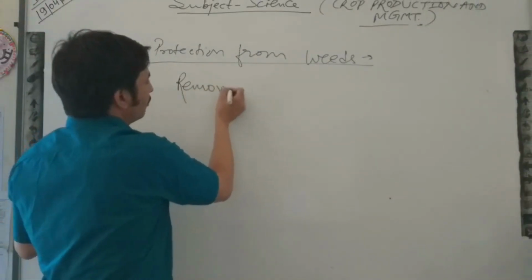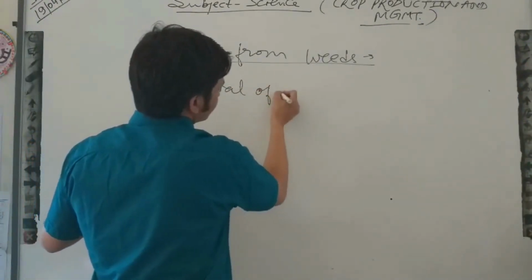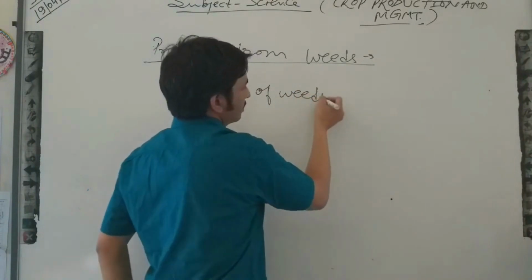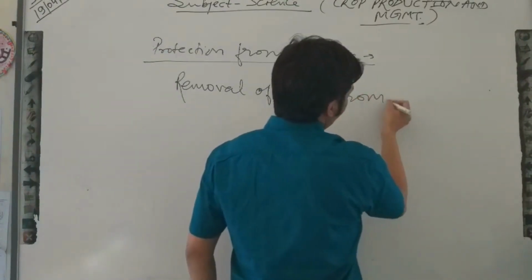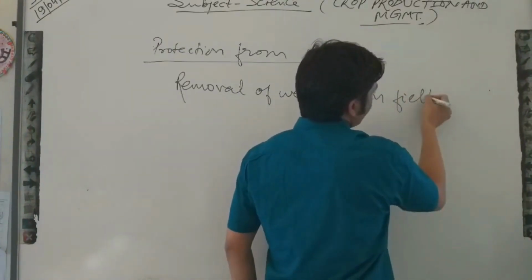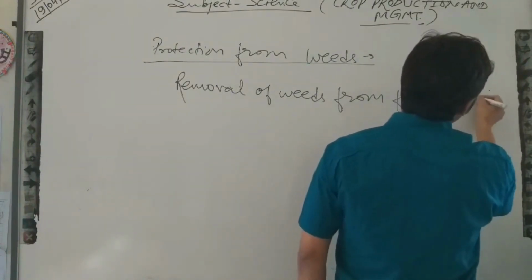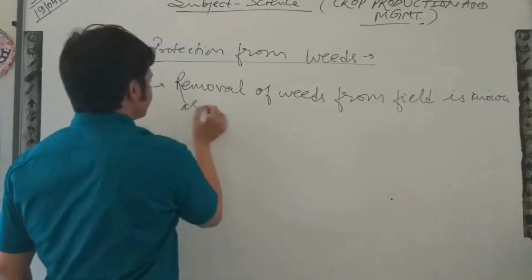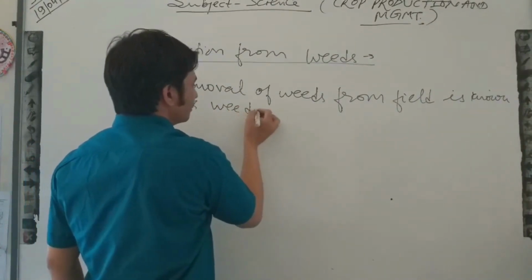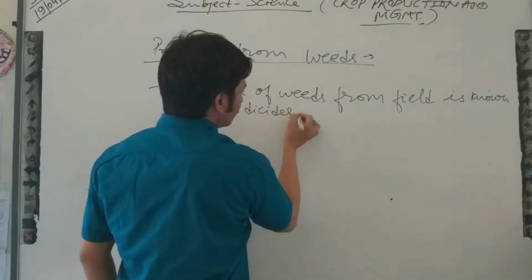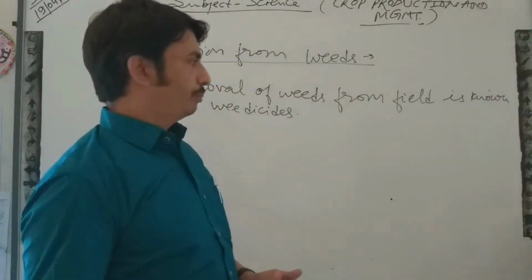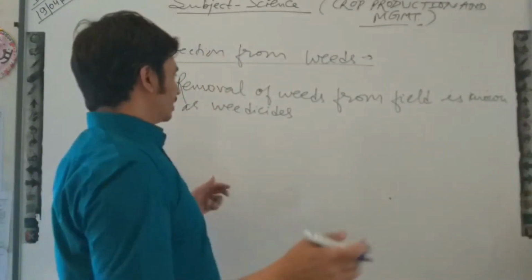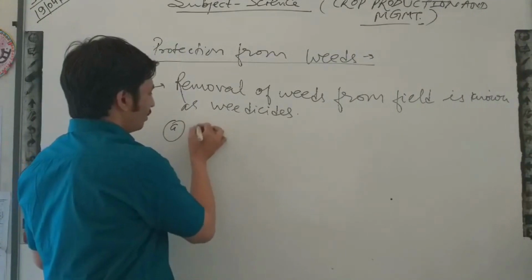So weedicide means removal of weeds from the field. How can we remove weeds from the field? There are a number of methods by which we can remove them. First is the manual method.